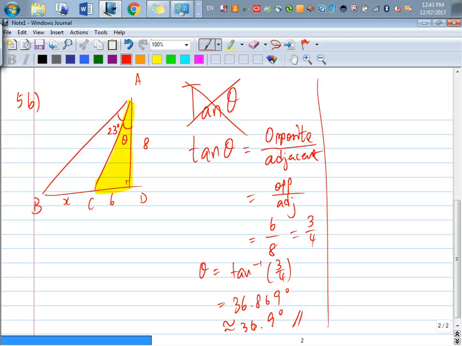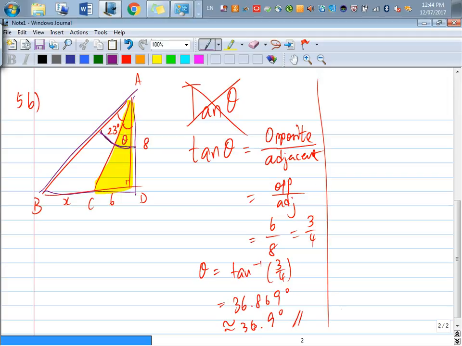Now we still need to find x, the value of x. Now I want you to concentrate on this triangle over here, the big one, which is another right angle triangle. Okay, this big triangle has a side 8 centimeters, another side x plus 6 centimeters, and one combined angle.